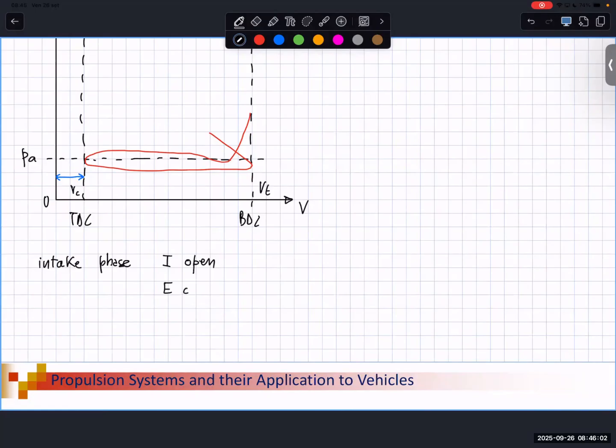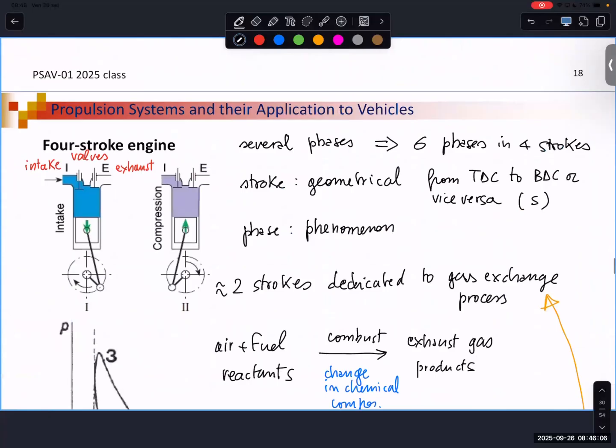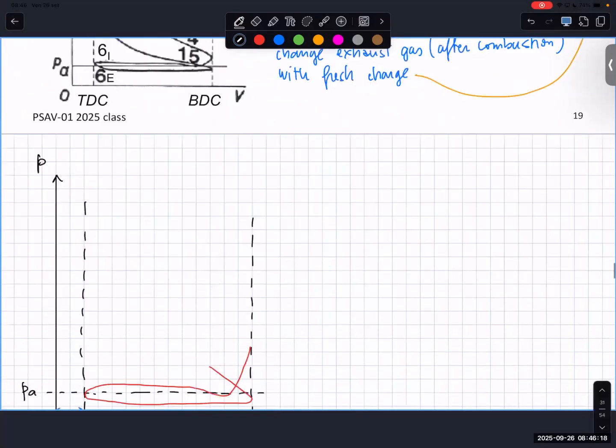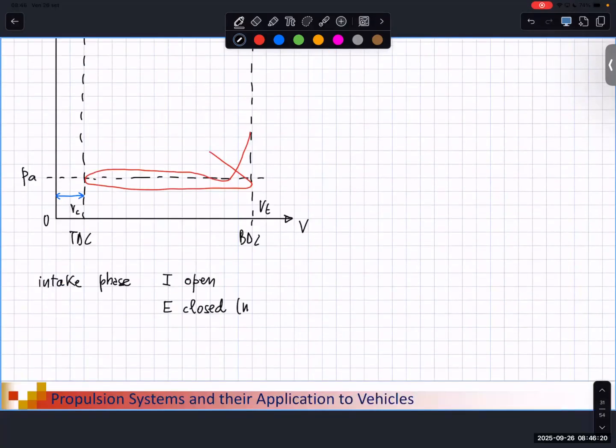The exhaust valve, as you can see here, is closed, but actually you can have a moment in which the exhaust valve is partly open. We will describe it maybe better afterwards. So, if we want to be more precise, mostly closed. So this is the phase in which fresh charge is entering the cylinder.